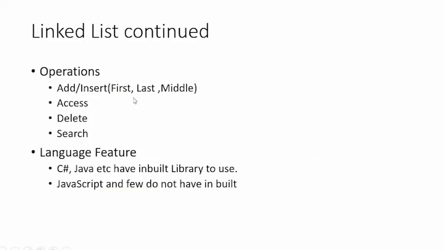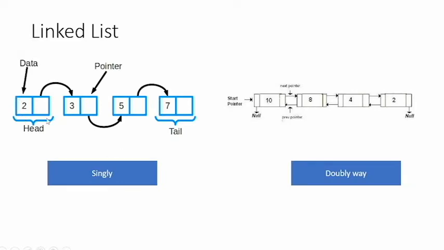Now the operations which can be performed again are add, insert, access, delete, or search. Adding or inserting in the linked list is very easy. If you are inserting an item at the first position, before this node, you will create the node, and then in the address part of that node you will put the address of the next node, that would be this, and the data.